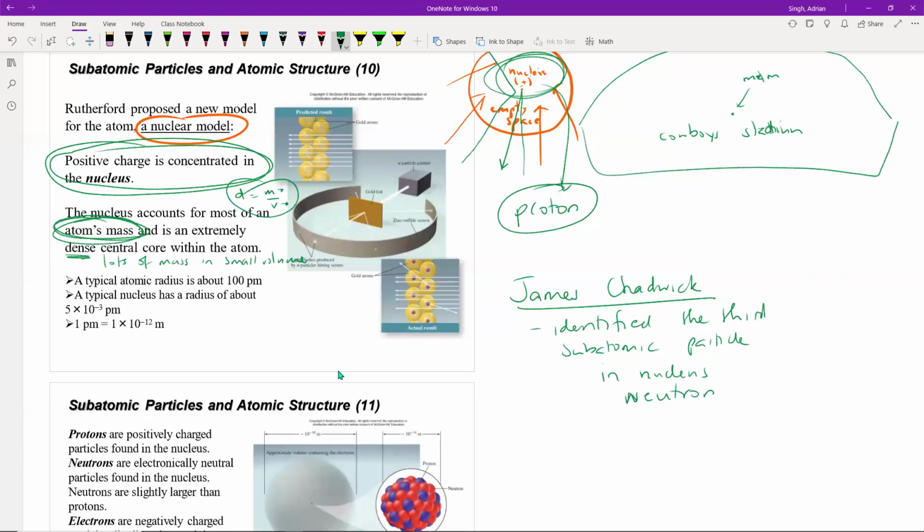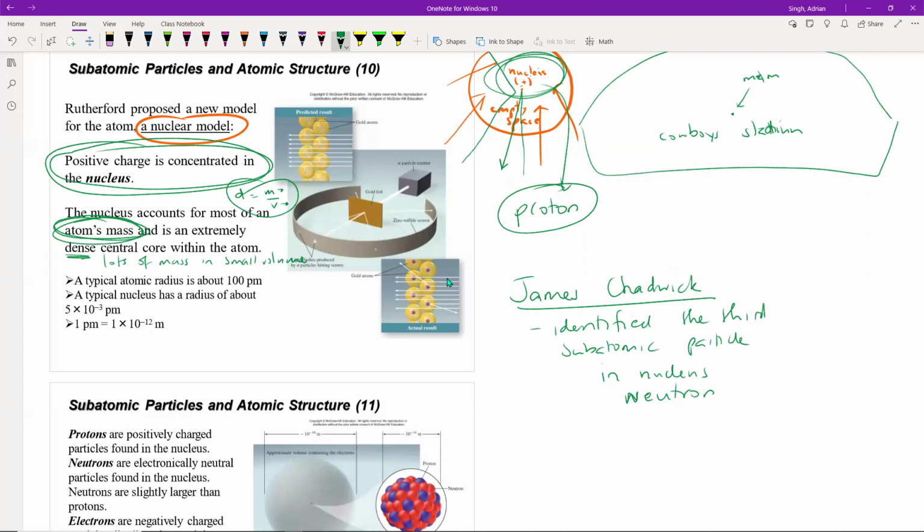So neutrons are, as the name kind of suggests, neutral. They don't have a positive or negative charge. They're neutral, but they also make up a significant portion of the mass of the atom. So Chadwick contributed to the body of knowledge of the anatomy of an atom by discovering the neutron.